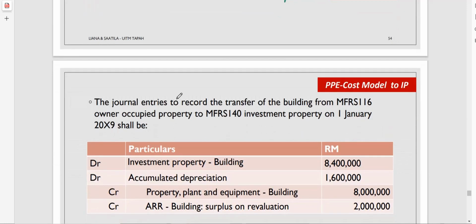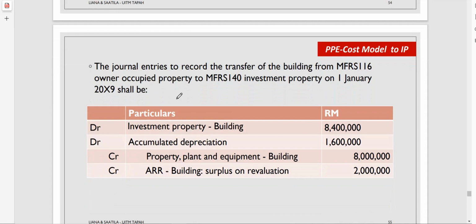Next is the journal entry to record the transfer of the building that happens on that date. The first one is to recognize the investment property and de-recognize the PPE.